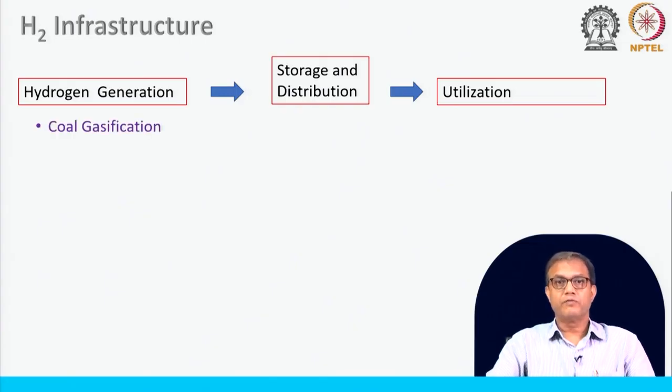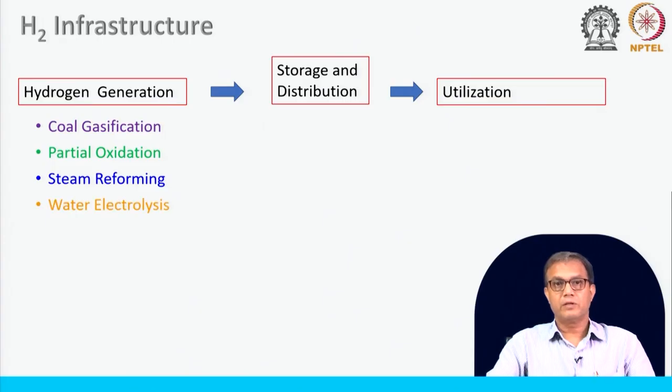There are different hydrogen generation processes at this moment. There is coal gasification, then partial oxidation of crude oil, then steam reforming, which uses mostly methane or natural gas, and then you have water electrolysis. The first three, coal gasification, partial oxidation and steam reforming, are all based on fossil fuel.